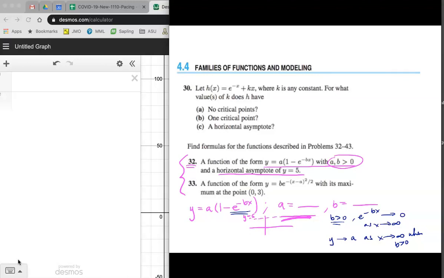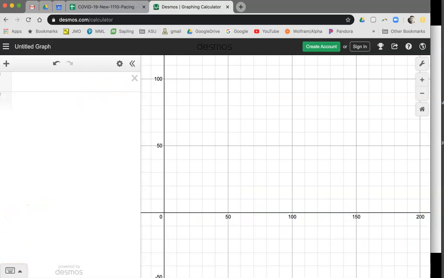In my opinion, I would choose a is equal to 5, because that's what we want the y value to get closer to, and you can choose any value of b so long as it's bigger than 0. So if we test that now, here is our function f of x is equal to a times 1 minus e to the negative b times x.